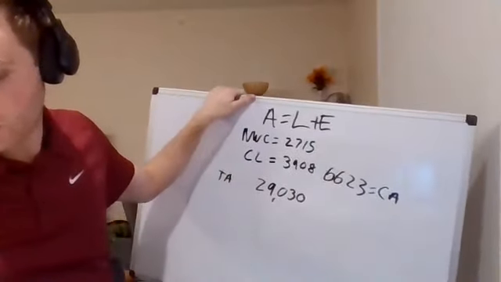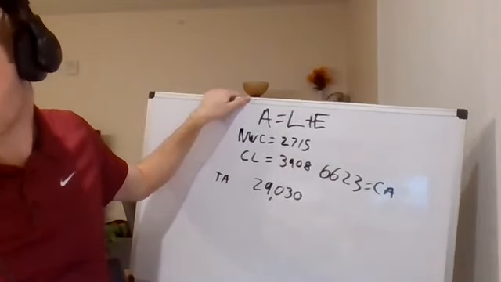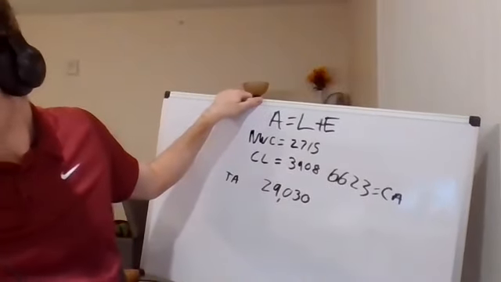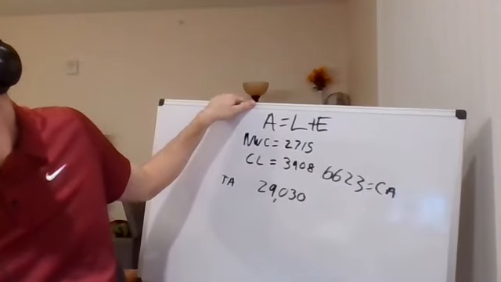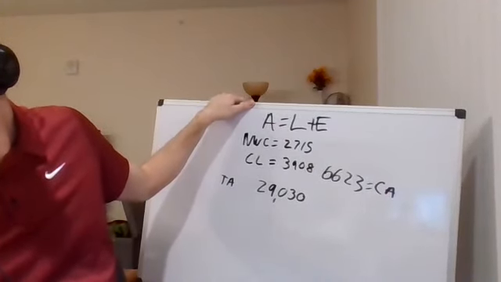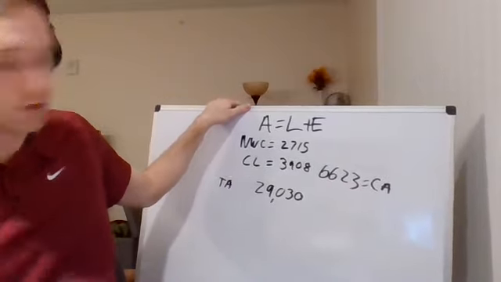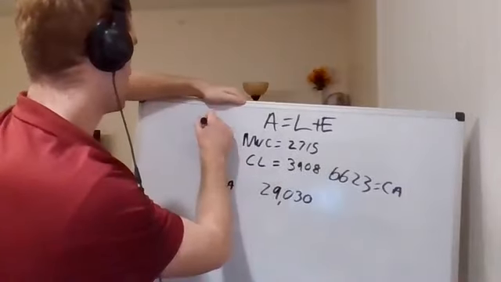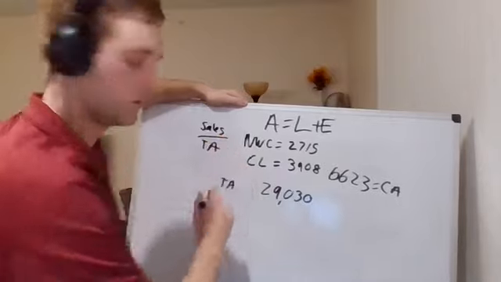Now we want to know how many dollars we sell per total asset. So we go into our equations. And there is an equation for this, which is, oh wait, that's accounts receivables. It's sales divided by total assets. So this is our total asset turnover. Okay, so sales divided by total assets.